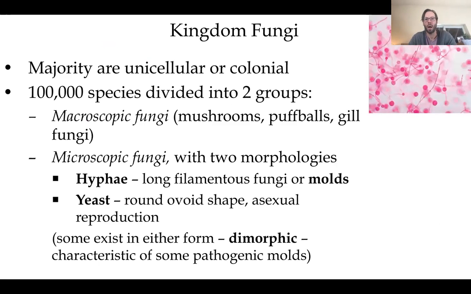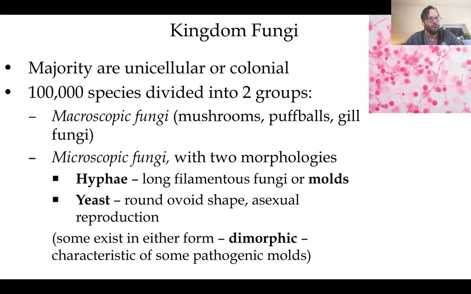Let's start with fungi. Majority of fungi are unicellular, so think yeast. However, not all. They can elongate, and interestingly enough, depending on the conditions, some fungi can either be single cellular or multicellular.